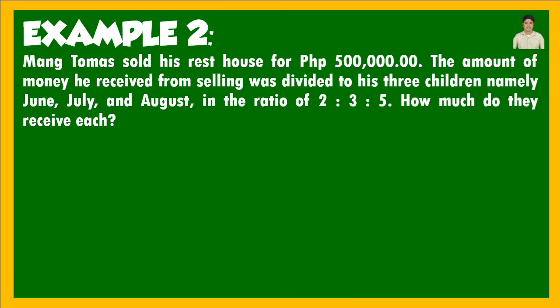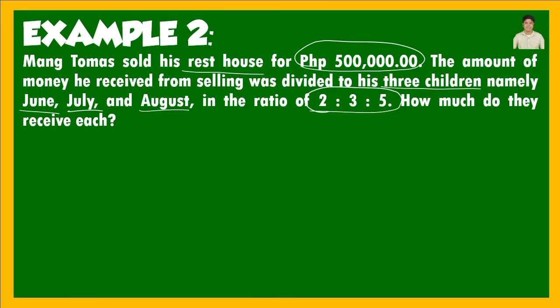So ayan, nagbenta po ng rest house si Mang Tomas for 500,000 pesos. And then, yung 500,000 pesos na yun, i-divide niya dun sa tatlong anak niya, sina June, July, and August, na kung saan yung ratio given, 2:3:5.